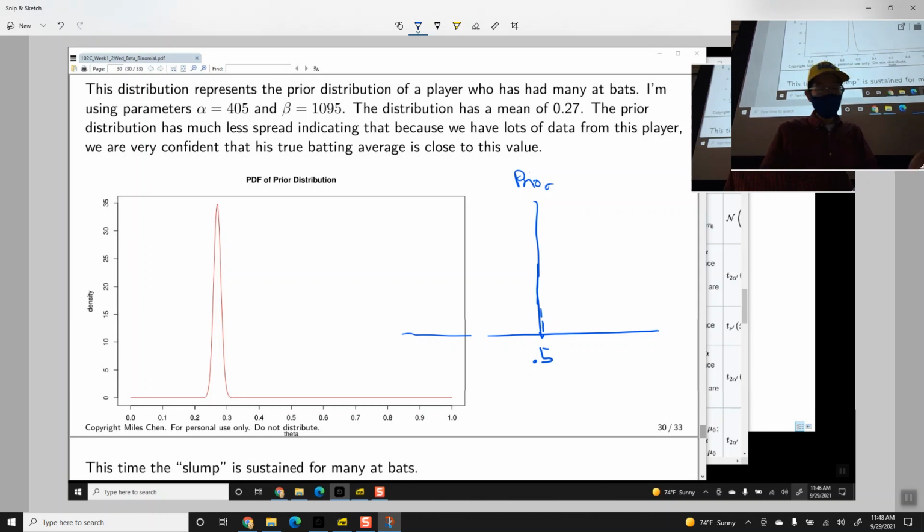So then in that case, basically everywhere else has 0, and you have this infinite mass at 0.5, okay? And in that case, no amount of data can help. Your likelihood can come in somewhere over here or whatever, but when you multiply it by 0, it just zeroes out. So no amount of data can convince this person that the coin has a probability other than 0.5, okay?